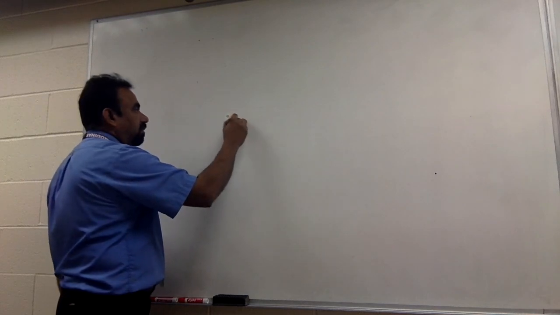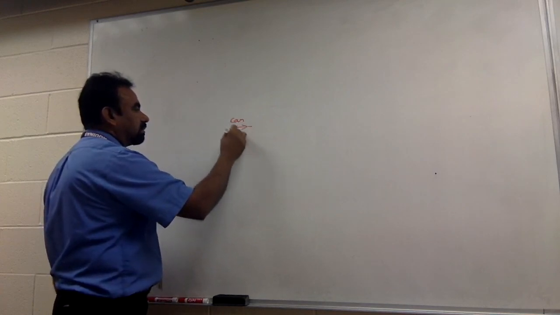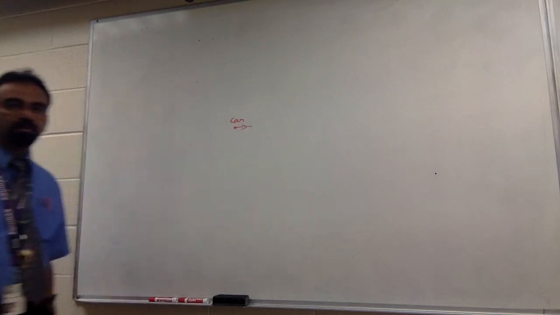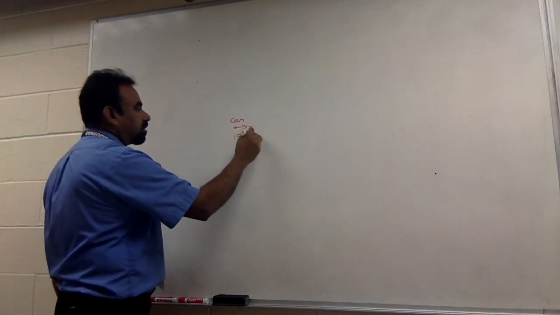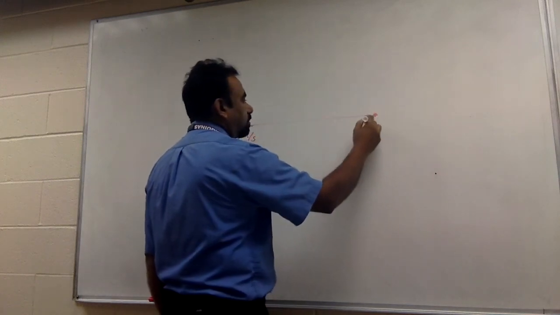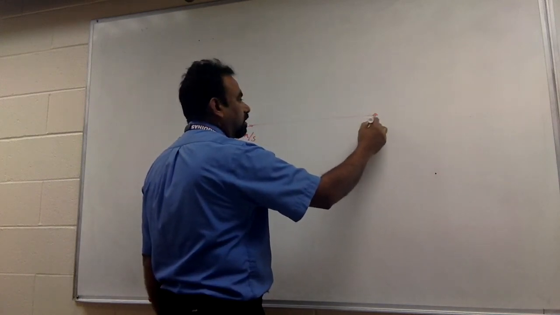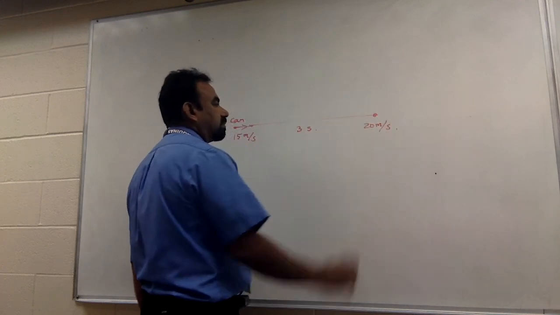I'll give you another example of a car moving at 15 meters per second, steps on the gas and accelerates to 20 meters per second in a time of 3 seconds.